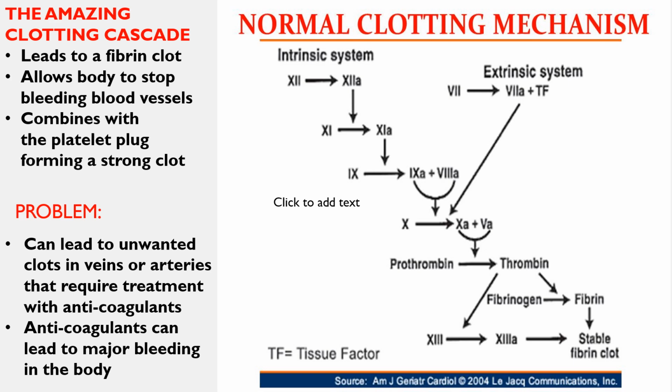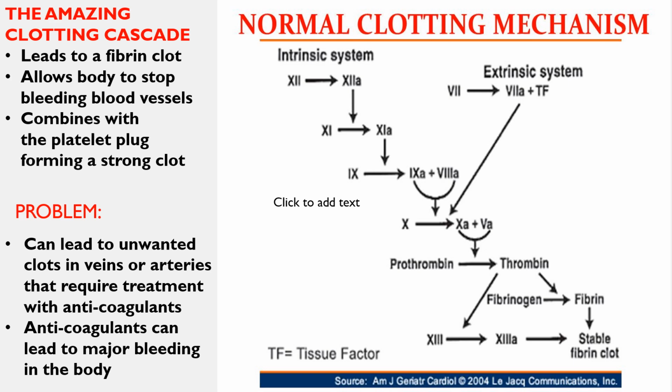The extrinsic system just means that the blood vessel has been extrinsically injured, meaning there's been an injury to the entire blood vessel and blood is now leaking out of that injury, and you've activated the extrinsic system by having cut open the blood vessel.